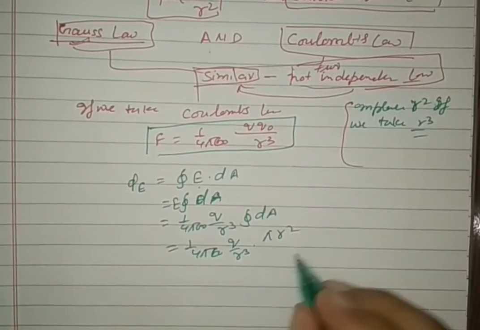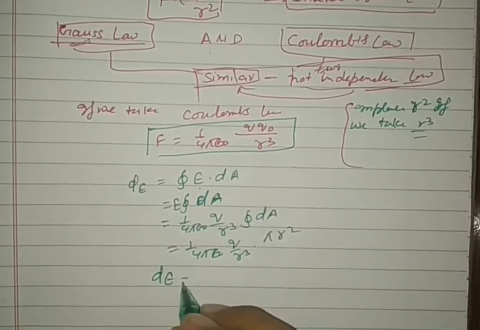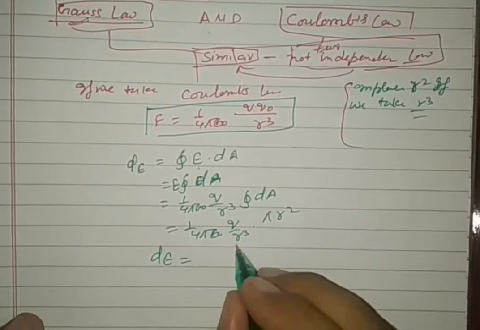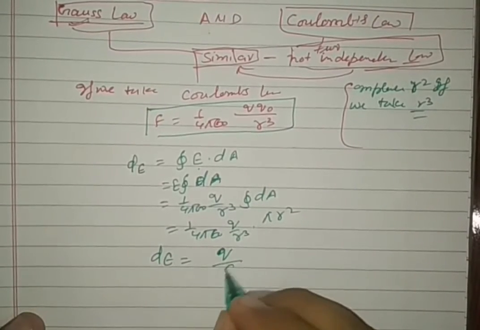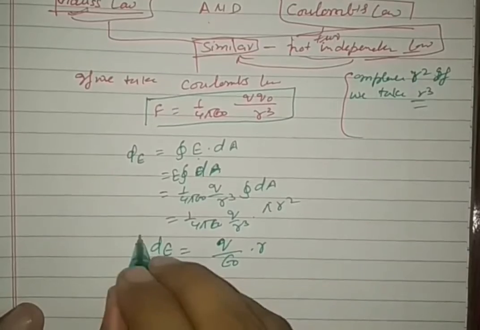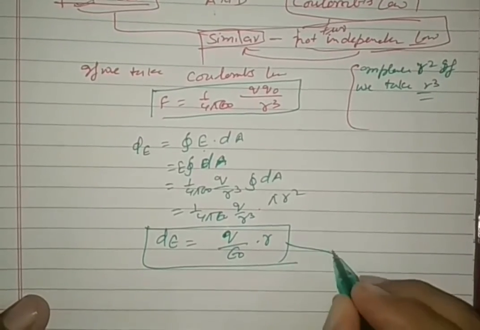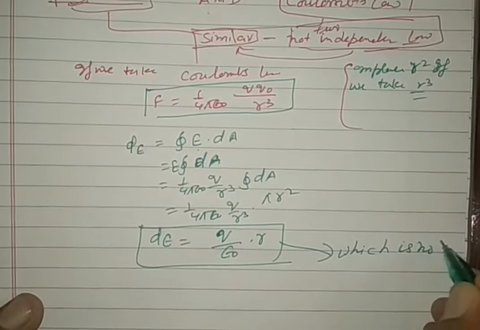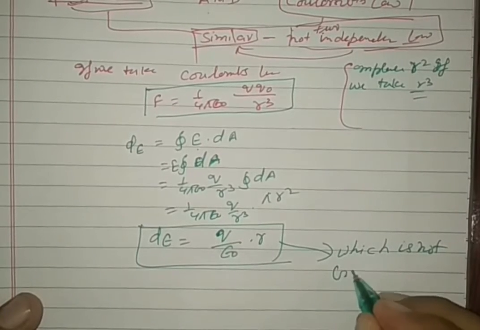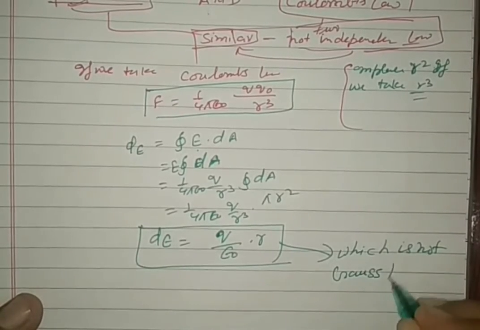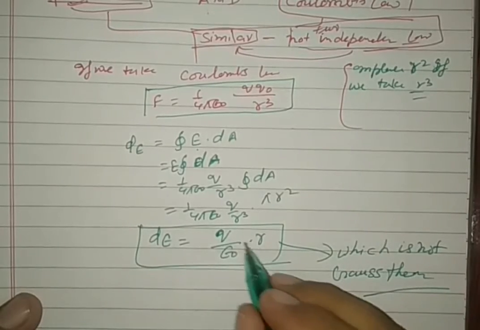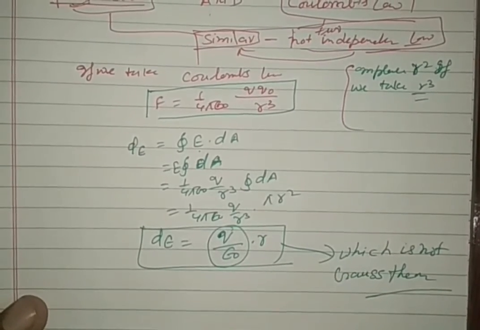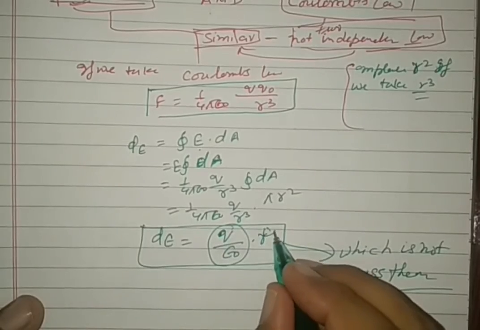In that condition, total electric flux can be calculated as Q by epsilon 0 into R, which is not Gauss theorem. Gauss theorem is only Q by epsilon 0. No need for R here.